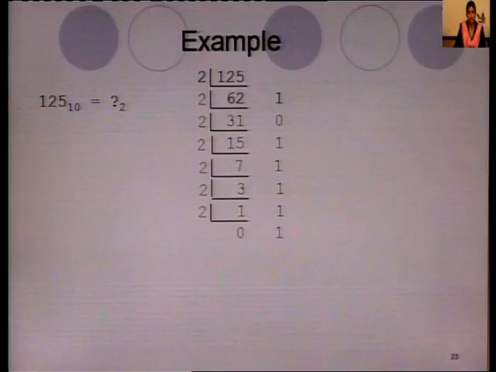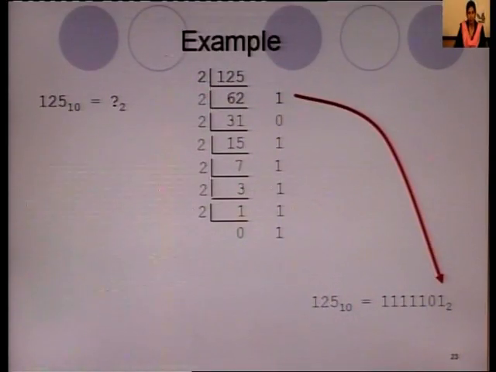Again divided by 2, this division will go on until the quotient becomes 0. At last we have quotient 0 and the remainder is 1. Now we will combine these remainder values in a string. The result is 1111101 having base 2.